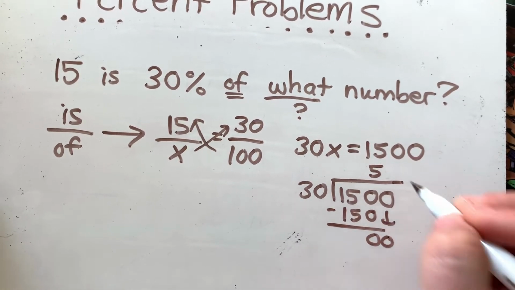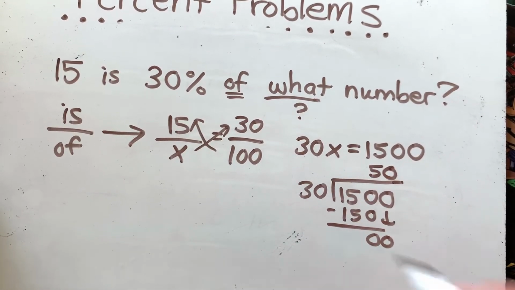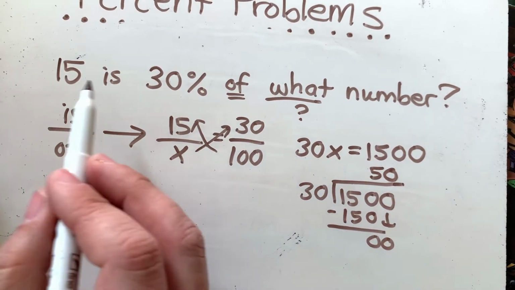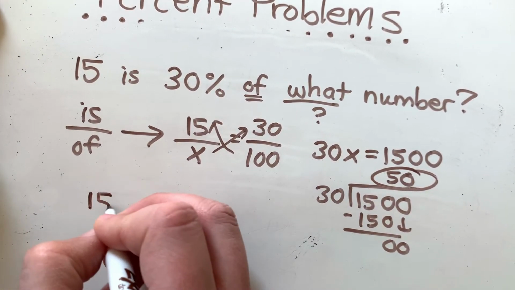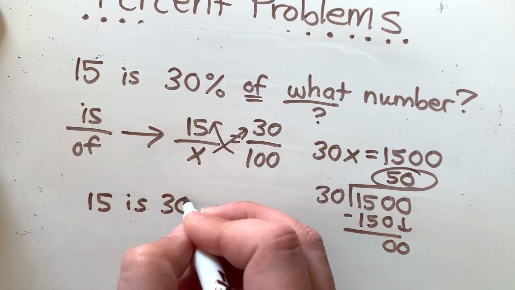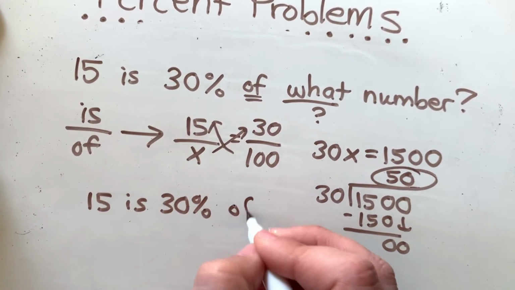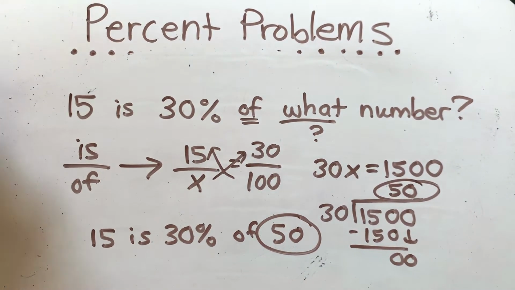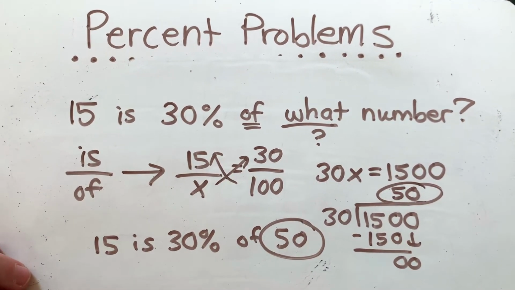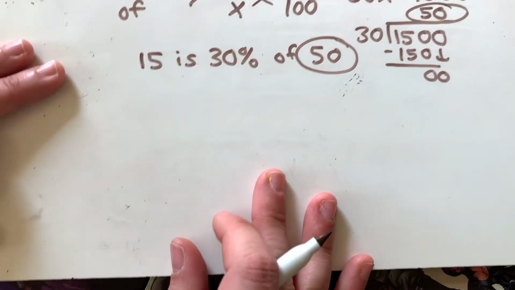And if we drop the 0 down, I don't even need to continue. There we go. 15 is 30% of what number? 15 is 30% of 50. So 50 is your answer. All right, if you have any other questions about percent problems, please call into office hours.